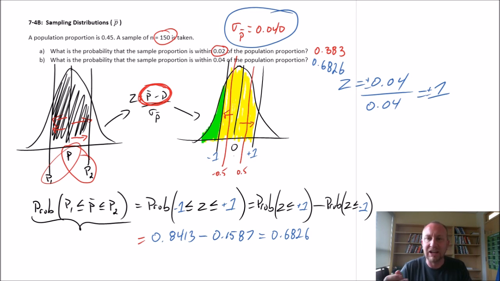So there's a higher probability that my sample proportion will fall within a larger interval. So hopefully that makes intuitive sense. If we increase our tolerance from 0.02 to 0.04, the likelihood that my sample falls within that interval is going to be higher.